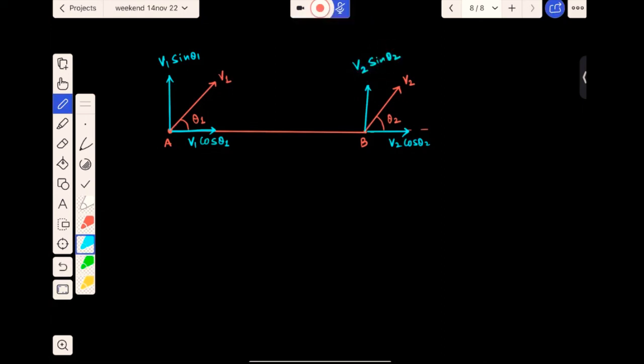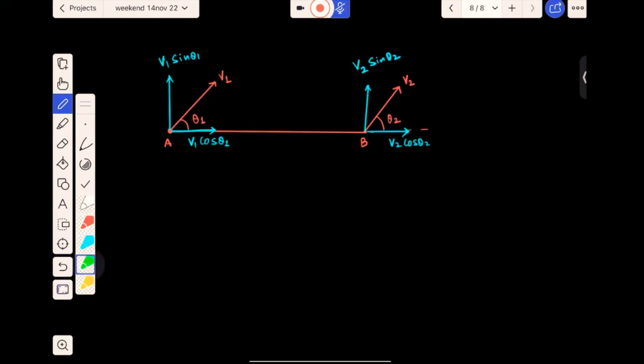Now suppose I want to figure out the angular velocity of B with respect to A. It means I will be sitting in the frame of A. Then whatever velocity I see for A will be 0, and whatever velocity we see for B will be the relative velocity of B with respect to A. Correct?